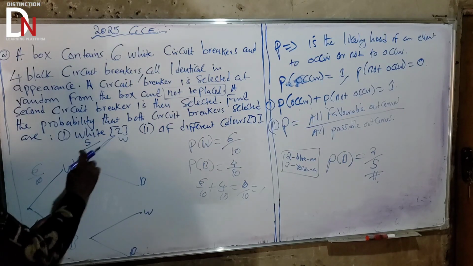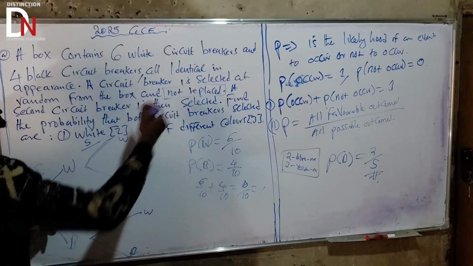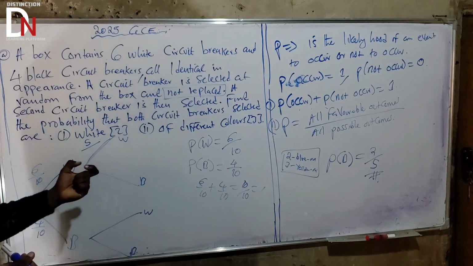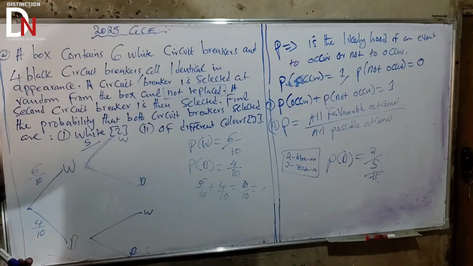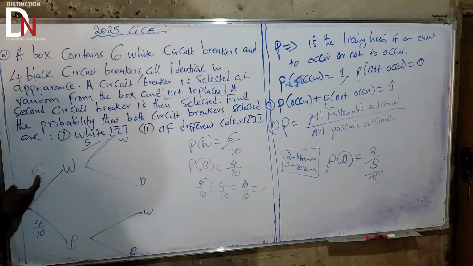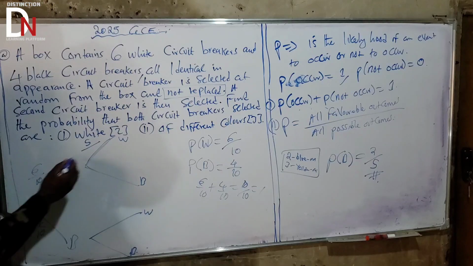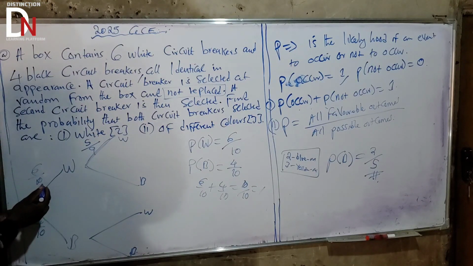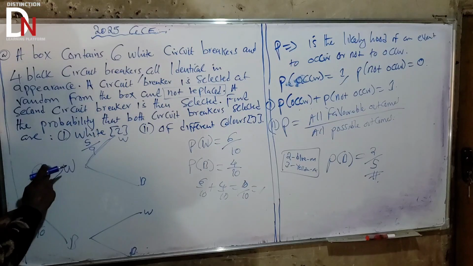But since I've selected it and I'm not replacing it, it means I've taken that circuit breaker for good. Hence, what happens to the total? The total will be affected. It will change from 10 to 9. Why 9? Because one circuit breaker is selected.